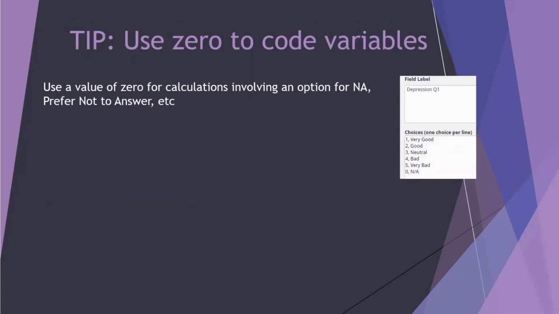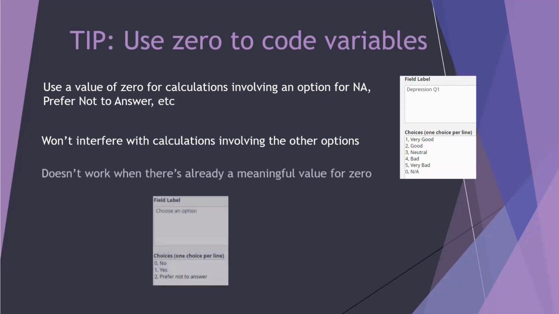Another tip is to use a value of 0 for calculations involving an option for NA. We saw an example earlier with our depression question. This won't interfere with calculations or equations involving the other answer choices, but this doesn't always work when there's already a meaningful value for 0 in use, such as in true or false or yes/no fields.